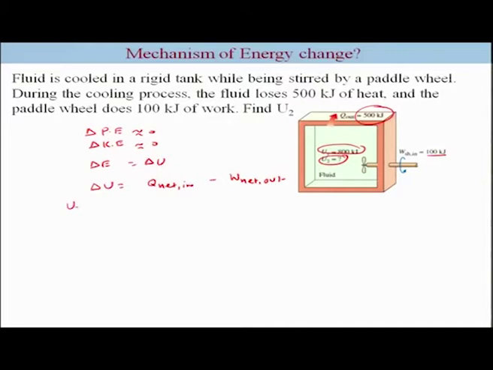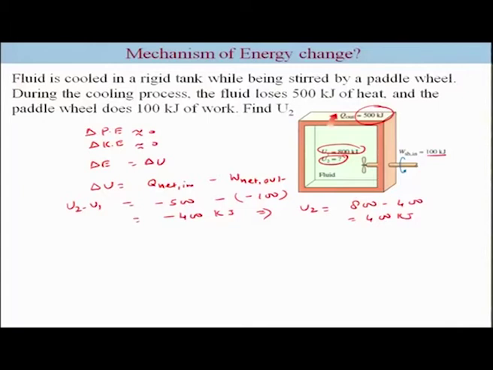Delta U is nothing but U2 minus U1, and Q net in is minus 500, and W net out is minus 100. So this is minus 400 kilojoules, and thus your U2 is 800 minus 400, this is 400 kilojoules. So this is one way of solving.